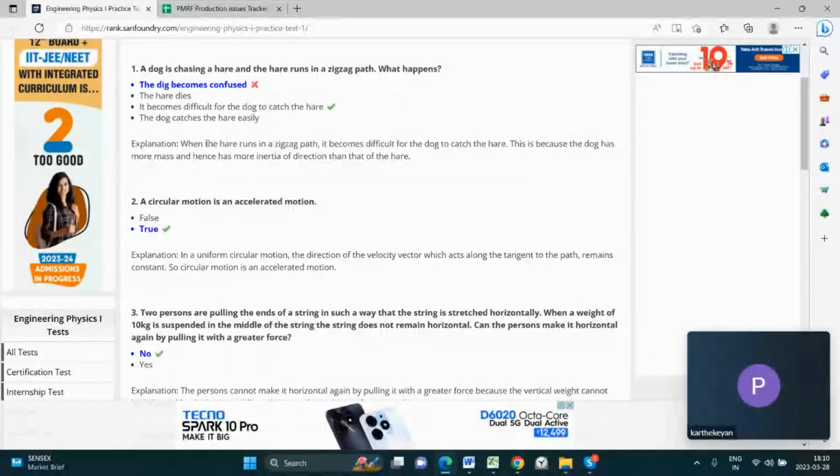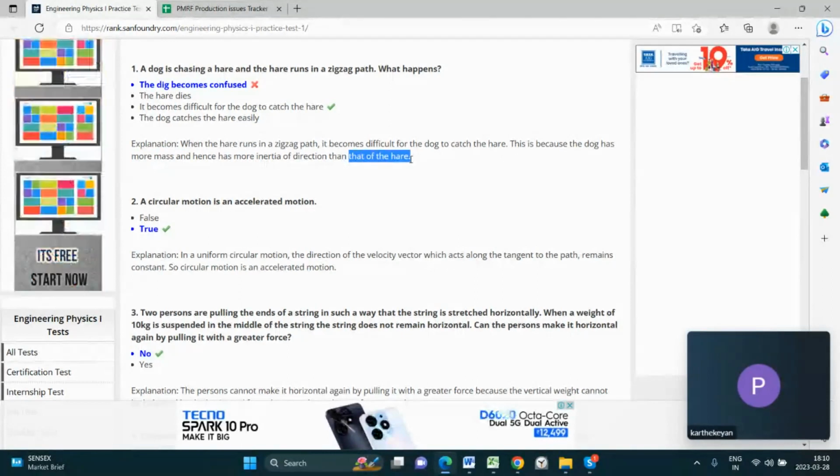So when the hare runs in a zigzag path, it becomes difficult for the dog to catch the hare. This is because the dog has more mass and hence has more inertia of direction than the hare. When there is more inertia, our body does not move easily in a zigzag. Say you are riding a bike very fast; it is not so easy to stop it. You can stop only after slowing down a little. So there also inertia acts. So this particular action has a link with inertia, the motion and inertia of direction.